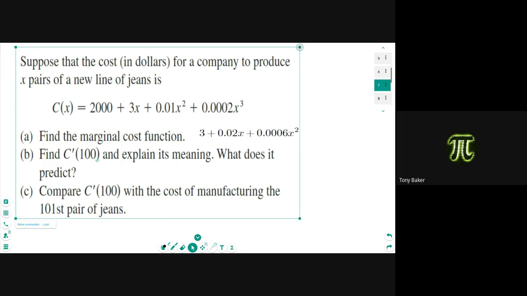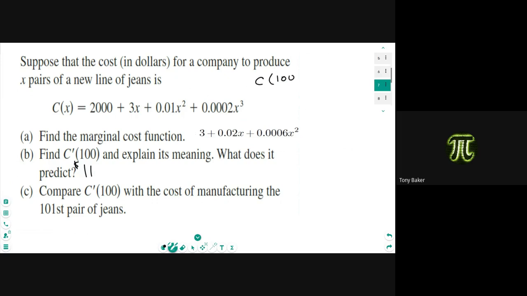So you get $11. So let's actually do the slope to verify that this actually works. How much does the 100th pair of jeans cost me, and how much does the 101st pair of jeans cost me? If I was going to make 100 pairs of jeans, how much would it have cost me?